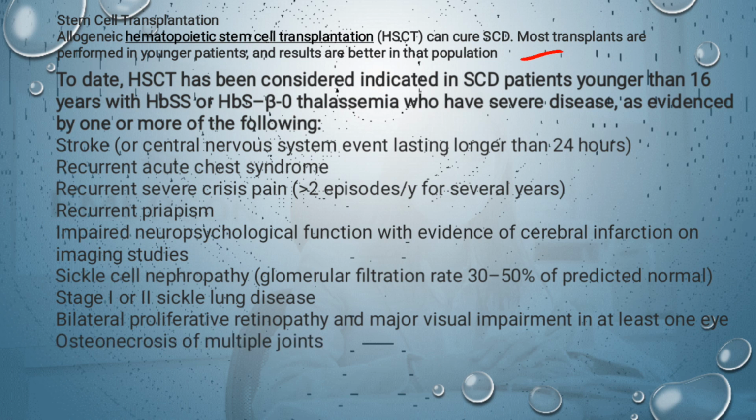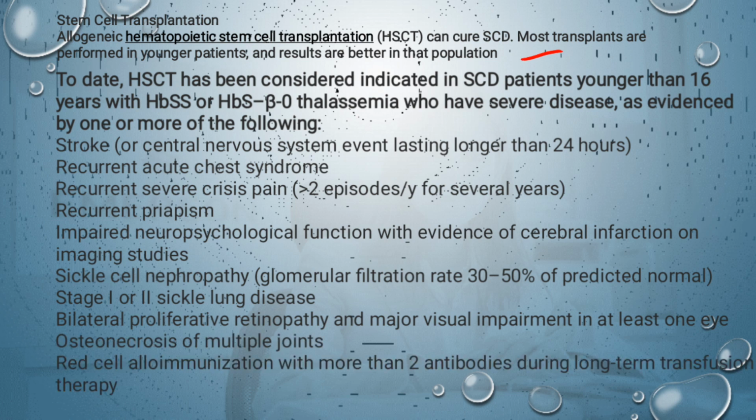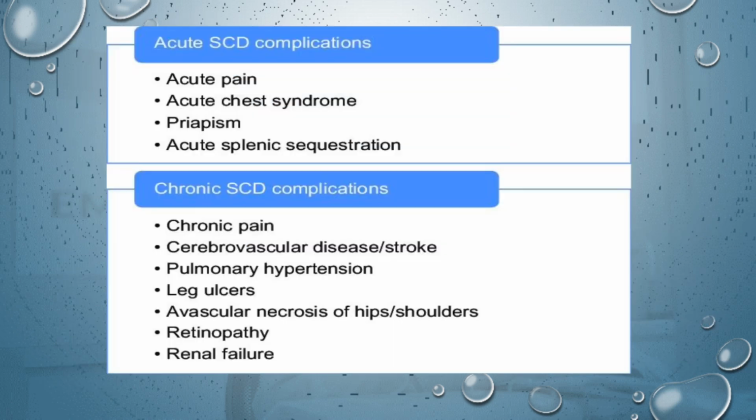Then osteonecrosis of multiple joints, and red cell alloimmunization with more than 2 antibodies during long-term transfusion therapy. So these are some of the indications for stem cell transplantation, which can actually cure SCD.